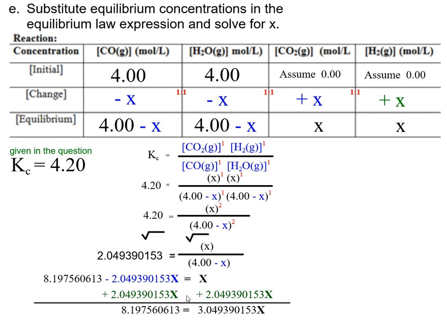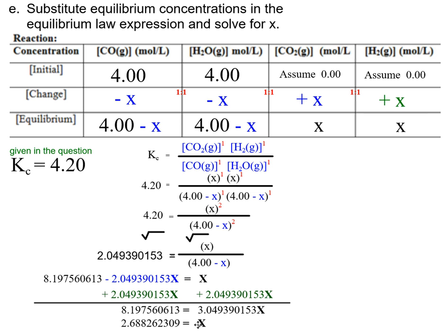Then I do my algebra, isolate my variable, and it gives me an x value of 2.68826239. Note that this value is not necessarily my final answer. x is only the answer for the concentration of hydrogen and carbon dioxide. x is not the answer for the concentration of water vapor and carbon monoxide gas.